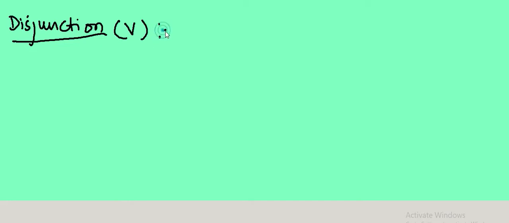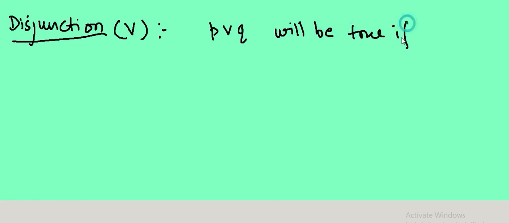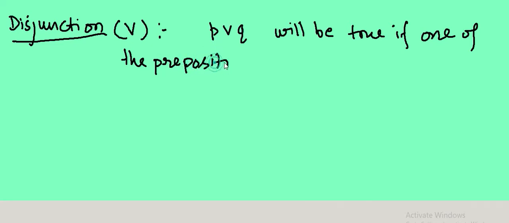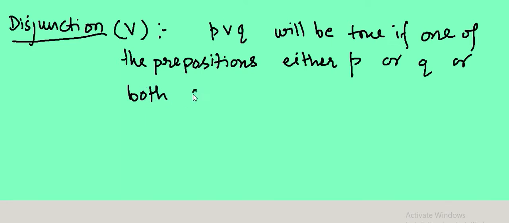So the disjunction between two propositions, P or Q, is true if one of the propositions, either P or Q, or both are true, right? Both are true.